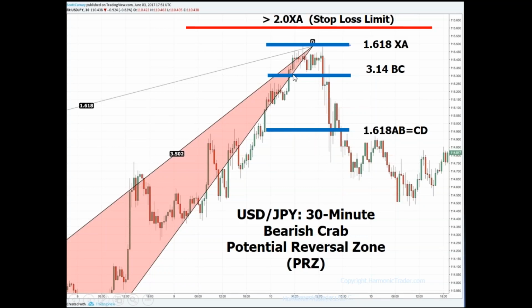With the BC complementing this area a little bit higher, that 3.14, I'm going to focus my execution at the 1.618. And I'm looking for this entire zone to be tested before I consider the harmonic pattern a valid trade opportunity. But if I execute at this 1.618 with a stop loss just above the 2.0, then this is exactly where I anticipate the reversal.